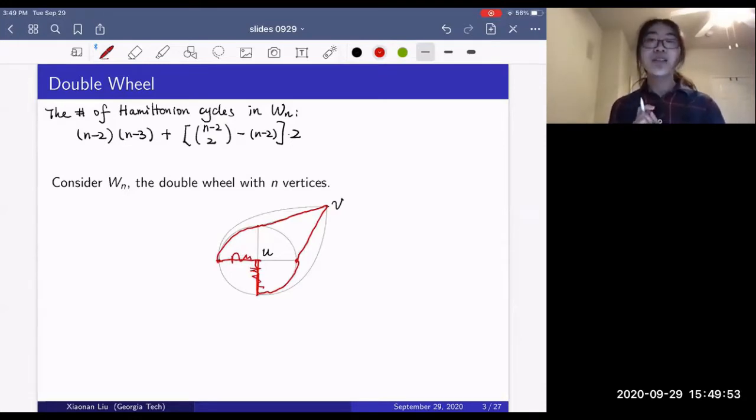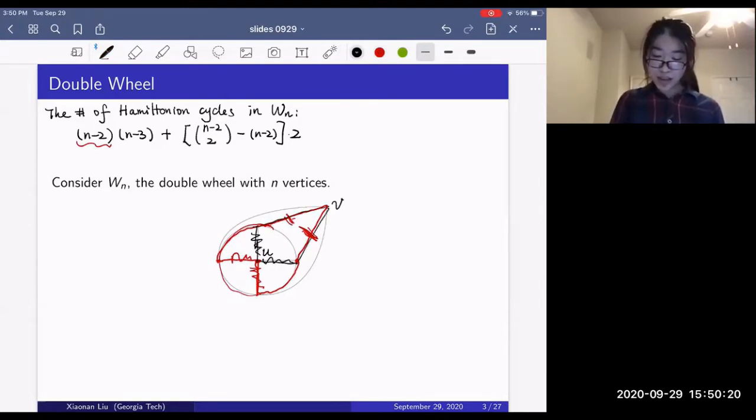For this kind of two edges, we have n minus 2 choices, because the length of this cycle is n minus 2. So we have n minus 2 choices of such a pair. And for U, we have n minus 3 choices, because we cannot choose these two edges; if we choose these two edges, we cannot get a Hamiltonian cycle. This is the first type of Hamiltonian cycles in Wn.